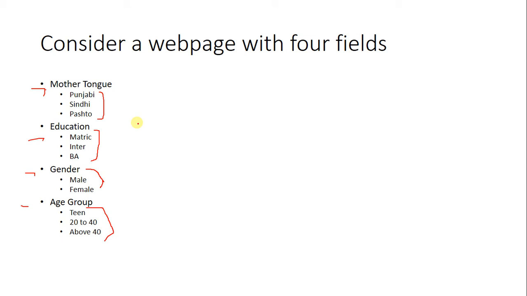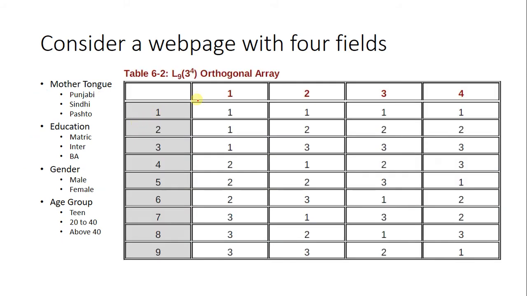So we take an orthogonal array which has 4 columns, and 4 columns means we will map each column with each field, and every column has 3 values. Although in the third column we do not have 3 values, we have only 2 values, it is okay if the given orthogonal array has more values, but it is not okay if it has fewer values. So this orthogonal array is quite okay for this scenario.